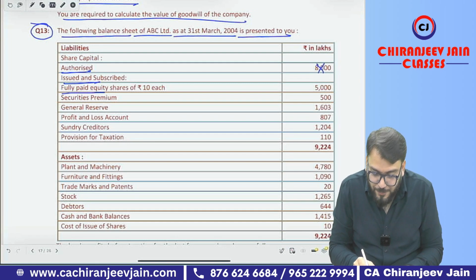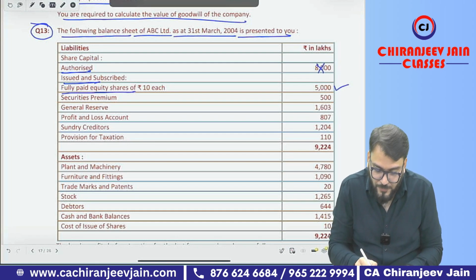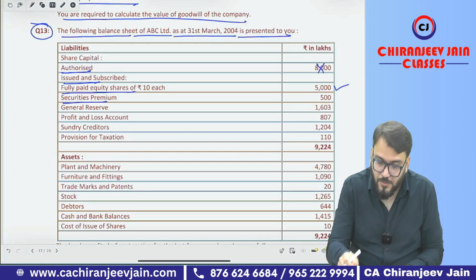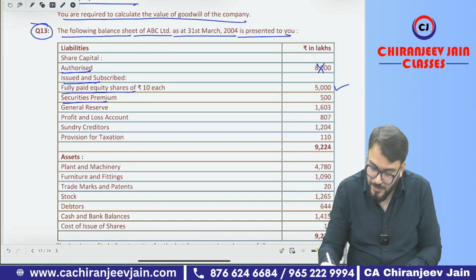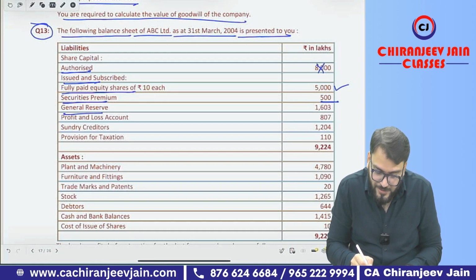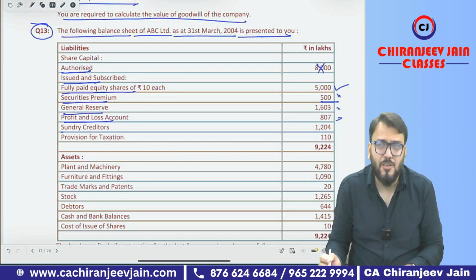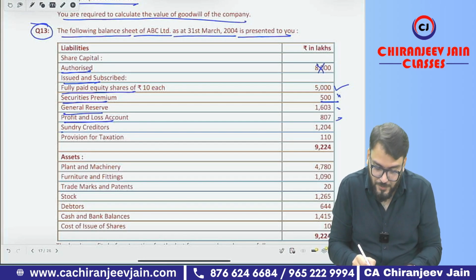Issued and subscribed fully paid up equity shares 5,000. Securities premium is 500. General reserve, P&L account, all these are not relevant, because reserve and surplus is not a liability. Sundry creditors we have 1204.